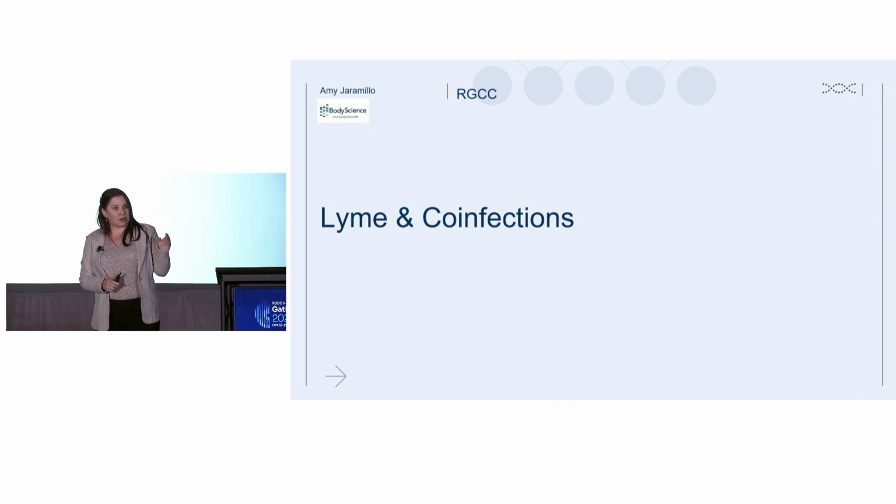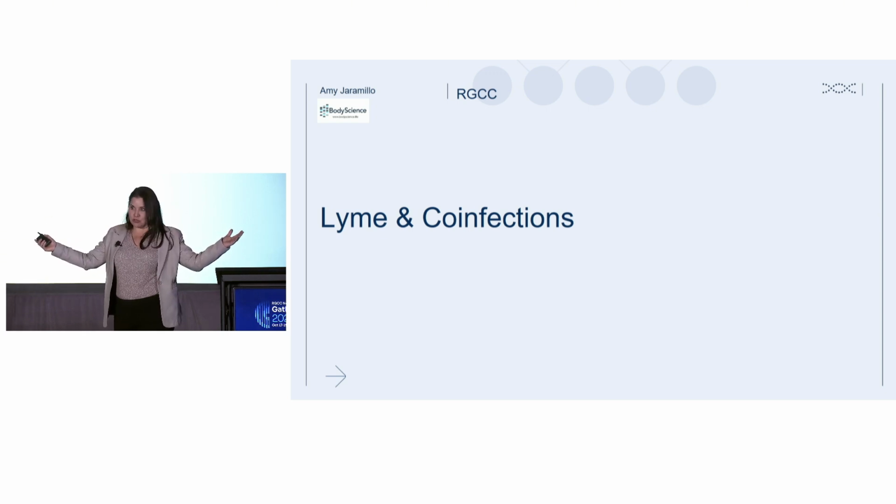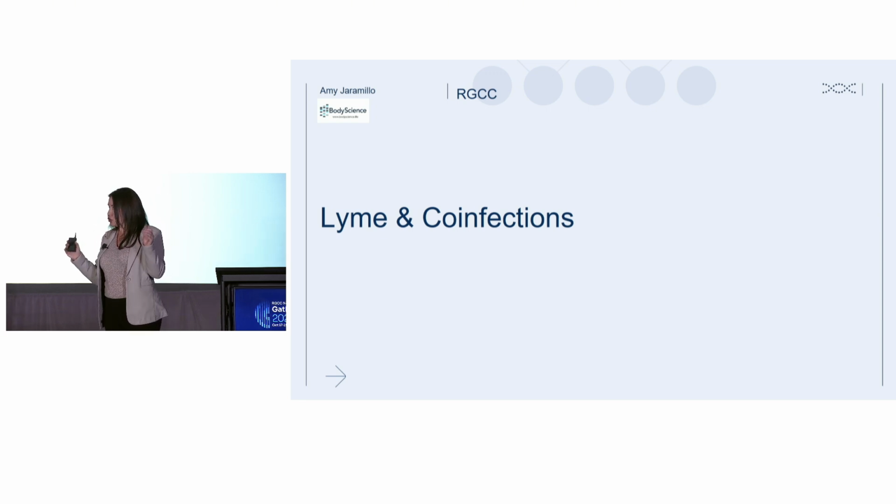The 90 to 100% of us as humans that have these low-level viral infections, just as one example, it's things like Lyme that come on board and create such a disturbance and such a confusion in the immune system that opportunistic infections, whether they are viral, parasitic, fungal, are going to come out.